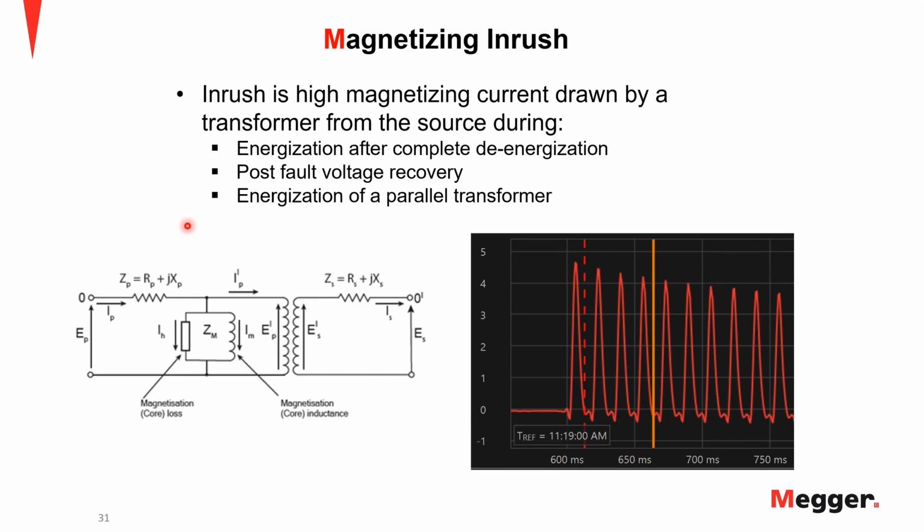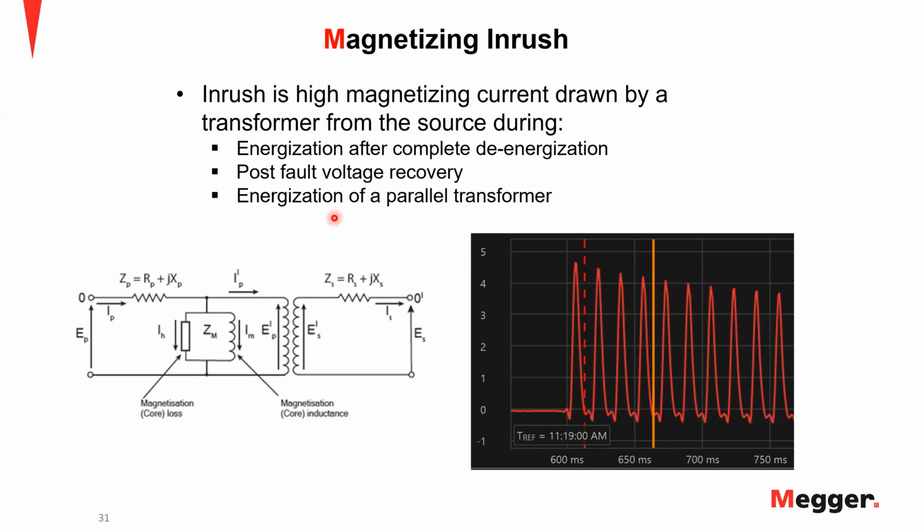So we can have magnetizing inrush for different scenarios, like when we de-energize a transformer and we are freshly energizing the transformer up, you will see a magnetizing inrush. Whenever there is a voltage recovery after the fault has cleared, the transformer is energized, and then you will see a type of inrush that will be your magnetizing inrush.